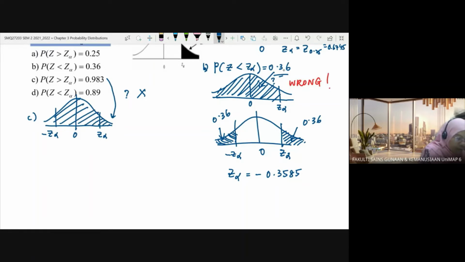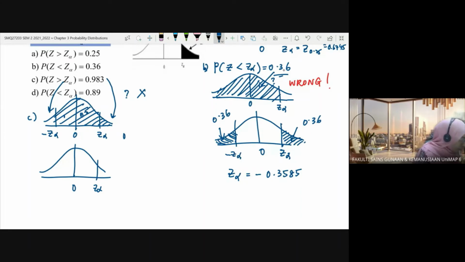Because if this is the Z alpha that we are looking for, then this will give you 0.5. What about this one? Can someone please tell me what is the Z alpha here? How do I look for Z alpha? Like we reflect, 0, Z alpha here. What is the alpha value here? 0.9, sorry, 0. Sorry, how to make it easy?